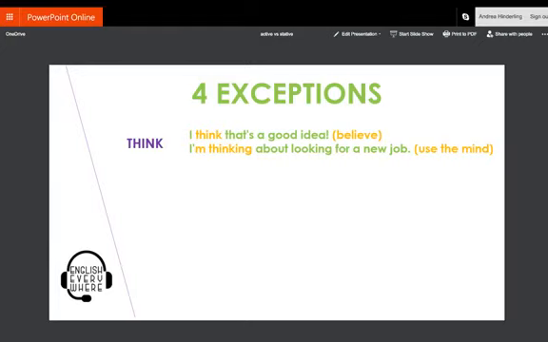No. I'm considering, or I'm using my mind. So think actually changes meaning when you're talking about whether it's believe or it's actually using your mind. So this is actually two different meanings for the verb think, depending on whether it's the present simple or it's the present continuous. Okay?